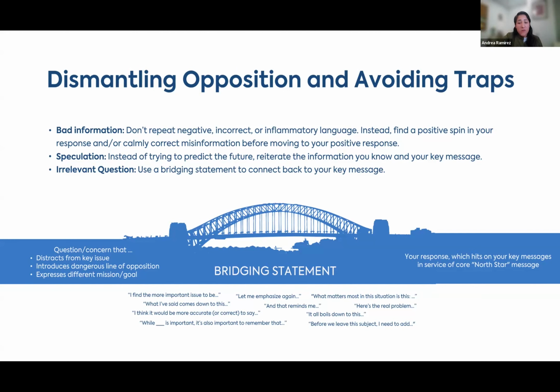These are just a few phrases to keep in your back pocket if they ever try to throw you off of your key messages. That's why I think the core message and key messages are so important. The more you practice them, the more you'll feel comfortable always coming back to them if something is thrown your way that you weren't expecting.